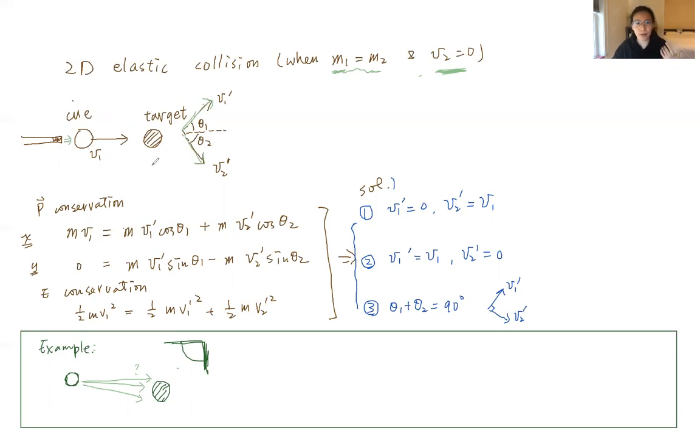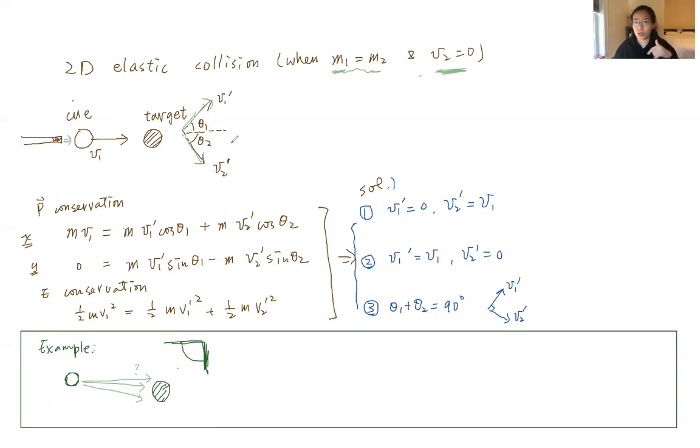And since it's a perfectly elastic collision, the momentum will be conserved, and so will the energy. Because it's two-dimensional, and momentum is a vector, momentum will be conserved in both the x direction and the y direction.